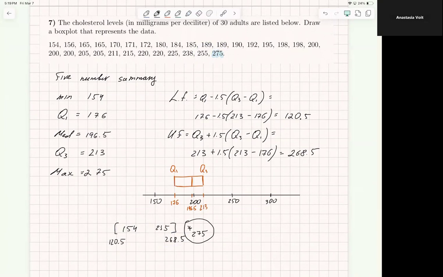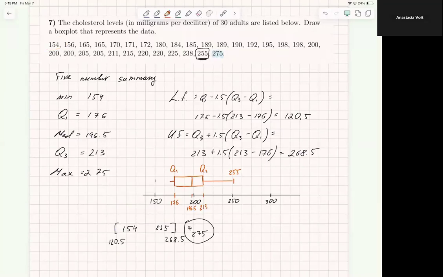So what it means is that our right whisker will go to 255, because now it's our new maximum, right? So we would draw from the right side of the box until we reach 255. So it's somewhere here. Okay. That's our whisker. And the left side would be from the left side of the box until the minimum, 154.